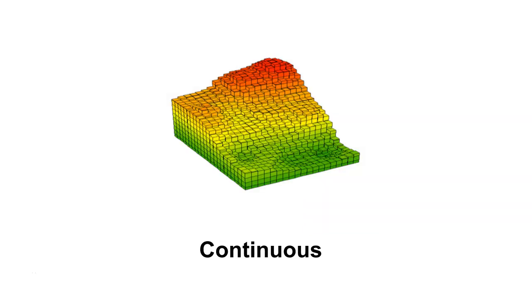So with continuous raster data, all we have is just from a high to a low, and it has this kind of flowing nature. Here we're looking at what might be considered an elevation raster. The dark green areas are real low elevations, and the red would be a high elevation area. We can see it's kind of like little steps.